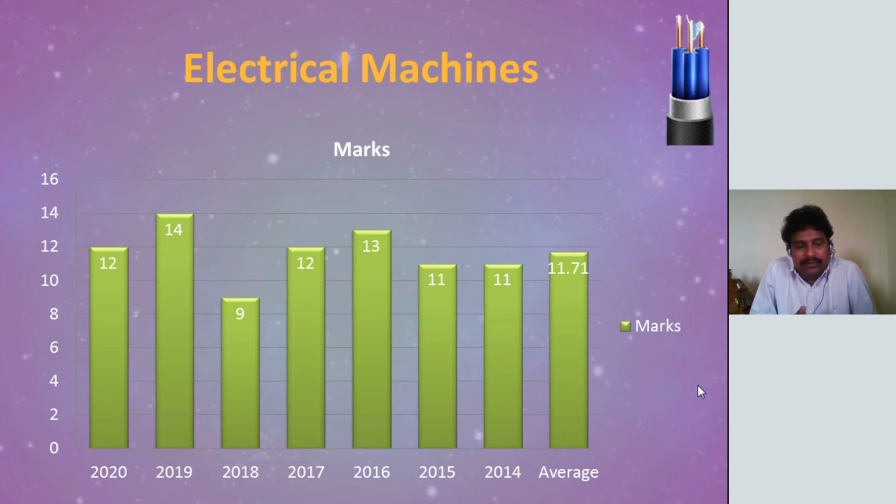Over a range of 9 to 14, the student can get a minimum of 12 marks. Questions having a weightage of 12 marks are asked in electrical machines.